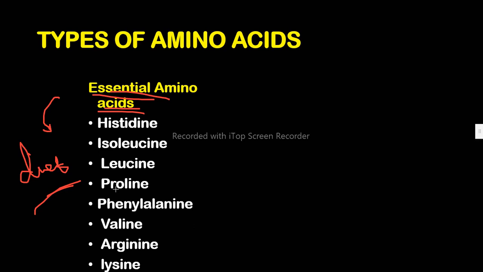Because once you are forming a given protein, and you are supposed to put proline or valine or lysine, and you don't have the lysine in your body, and your body cannot make the lysine, then that protein stops.